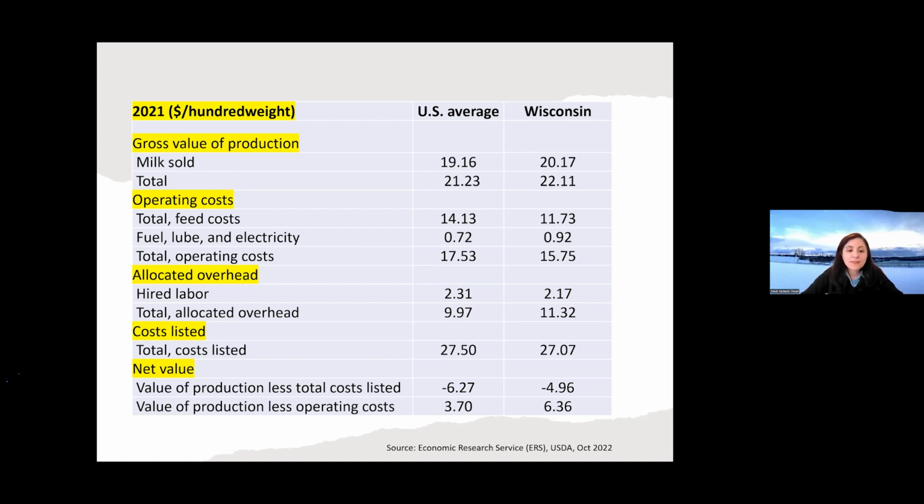And then we have the labor cost and all costs, and then we can look at the net value. This is the net value in 2021. It is the value of production minus all costs listed. Okay, it is a negative value. When we look at the 2020 data, it was minus 1.59 and minus 0.73.